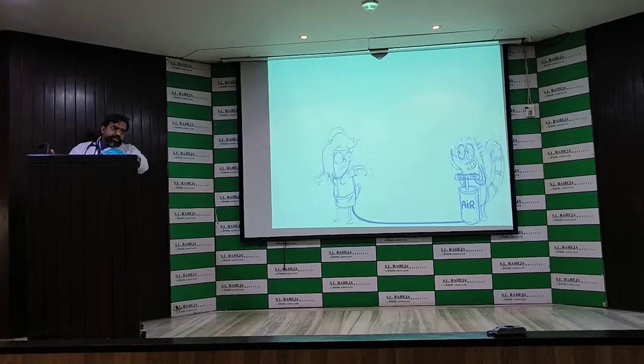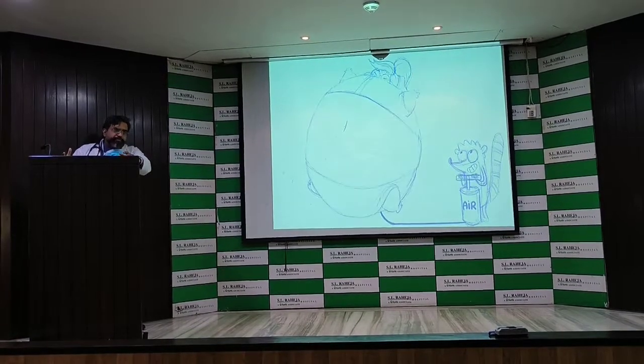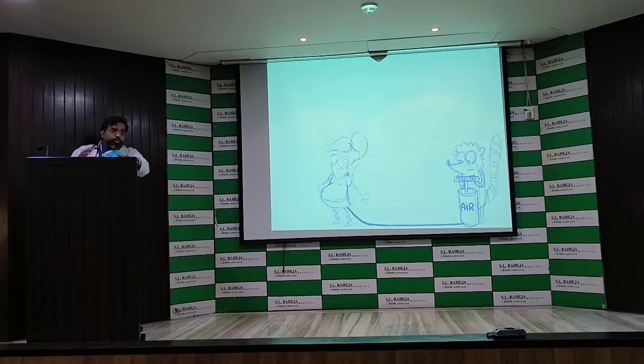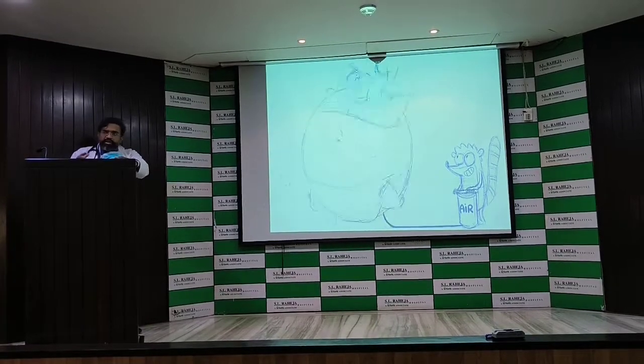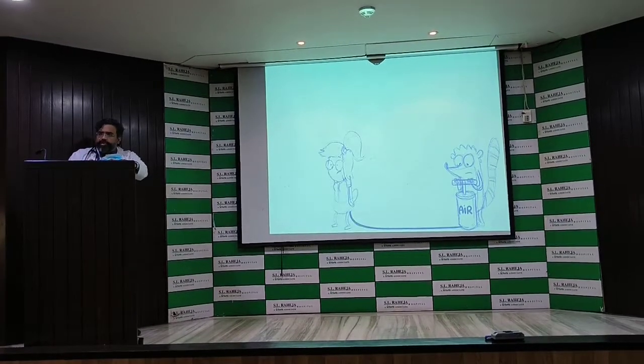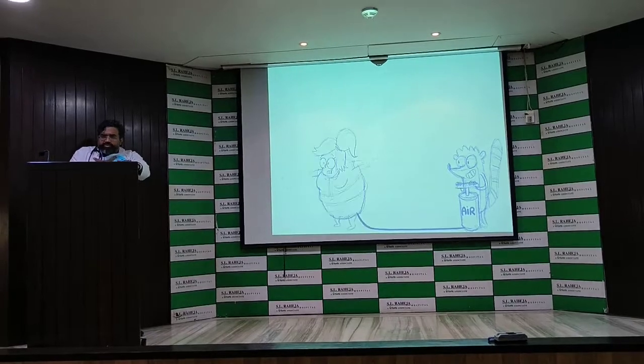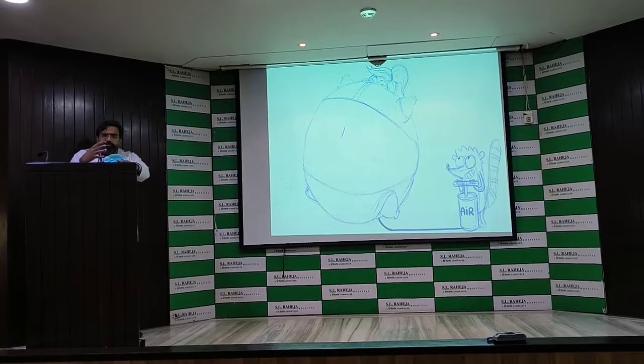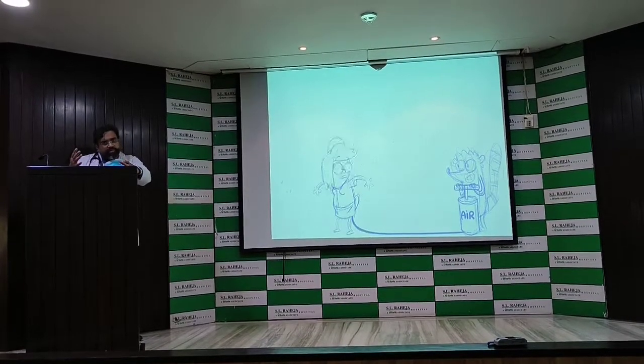Clear on this? That means if my lungs are stiff, my compliance will be low. If I have an extrathoracic compartment that is full, very stiff, and difficult to distend, my compliance is low.